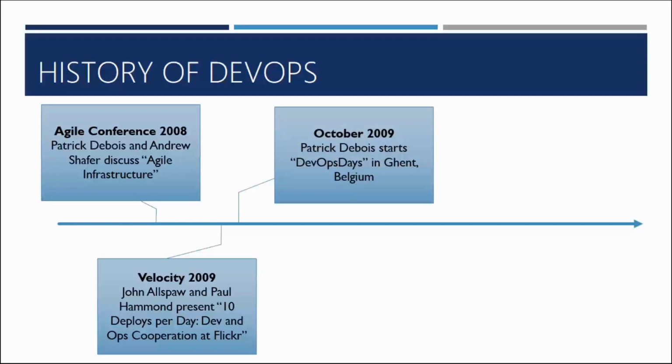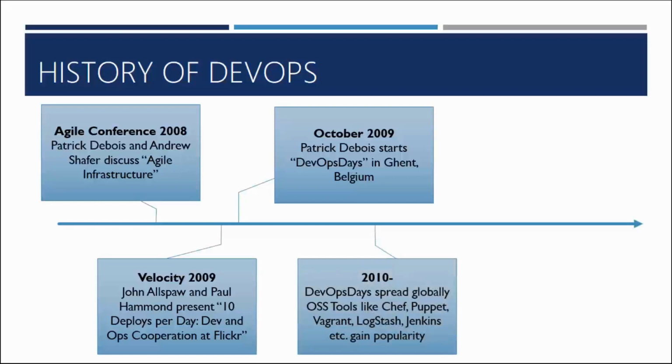So after 2009, the same year in October, DevOps Days was started by Patrick Debois, primarily in Ghent, Belgium, right? So this is the place where it actually started. In 2010, it spread globally.